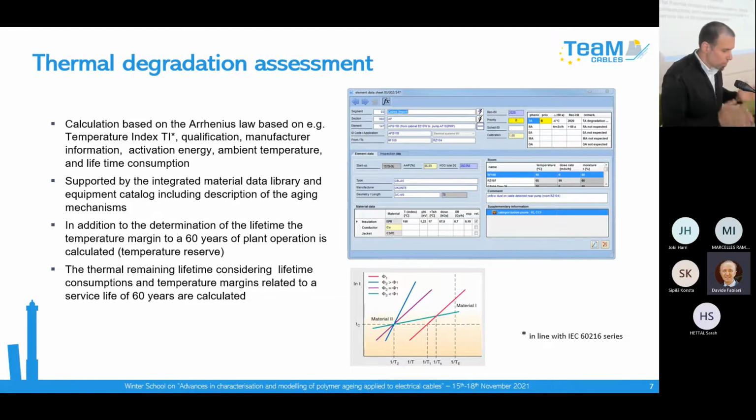For example, your equipment was initially qualified, and you see by the low temperature at the location, the qualification is fulfilled for 40 years, for example. But we also can check what happened after 41 years.